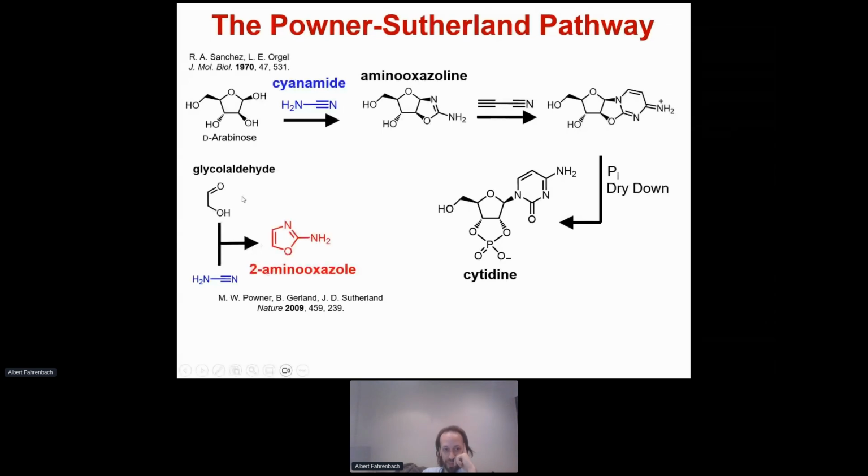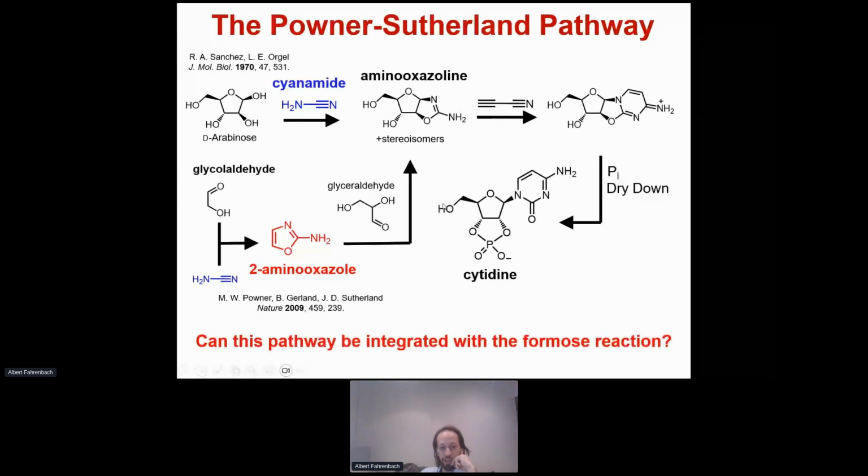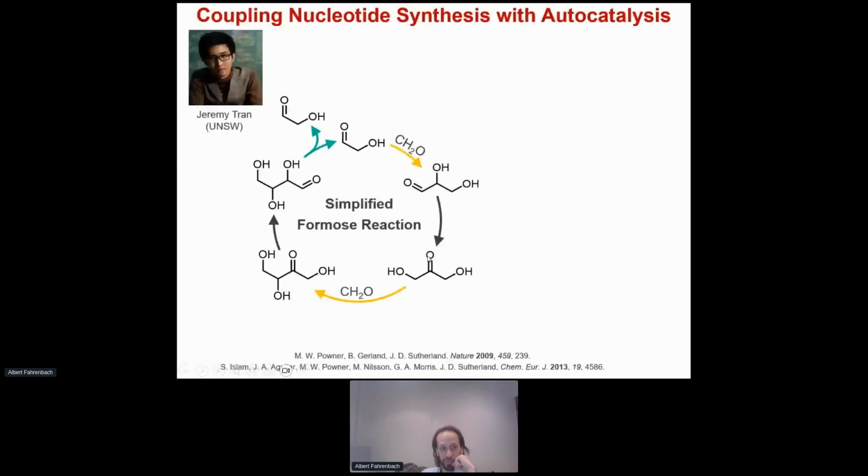But this pathway is even simpler than the one that Orgel showed, because you can start with this C2 instead of a C5 sugar, react with cyanamide to make this intermediate, and then react again with glyceraldehyde to give you the same aminoxazoline. So what we wanted to know is, can we integrate one or both parts of this pathway with the formose reaction? It's a simple question that we wanted to see if it was possible.